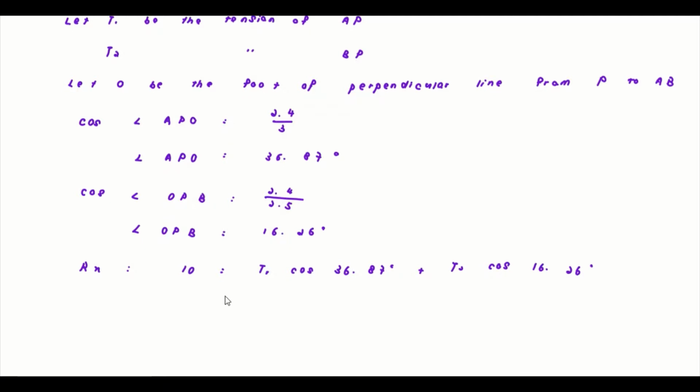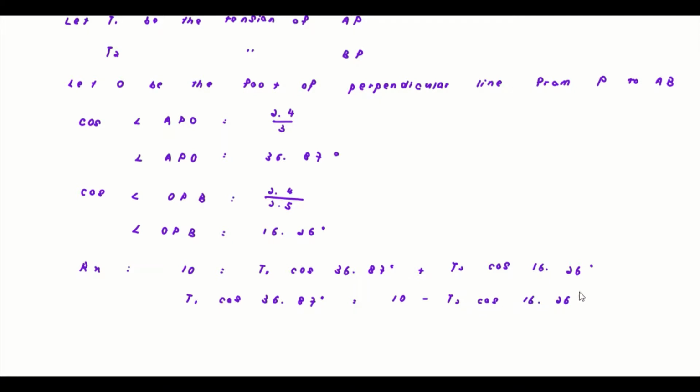So I think for this question it's helpful for us to just do tangent, so that's why I would just put T1 on my left hand side. So T1 cos 36.87 will be equal to, so keep this, 10 minus T2 cos 16.26.